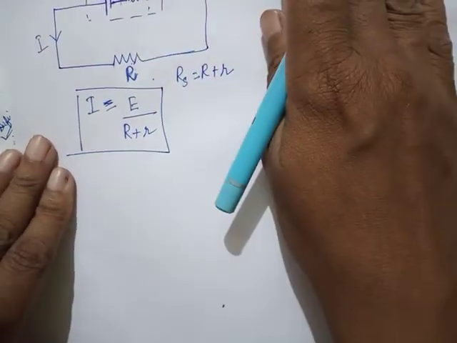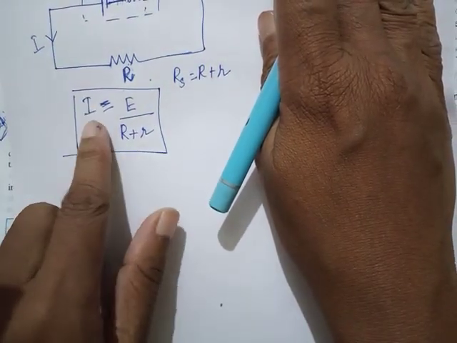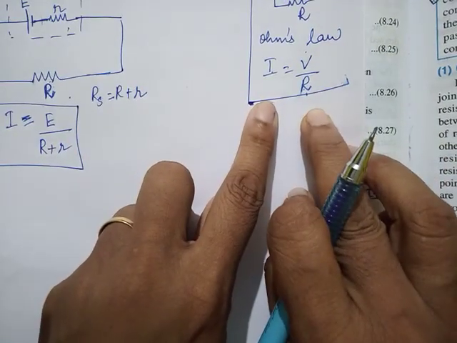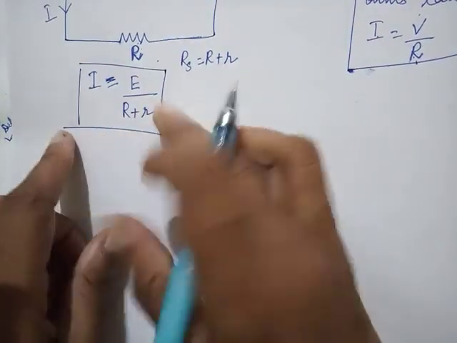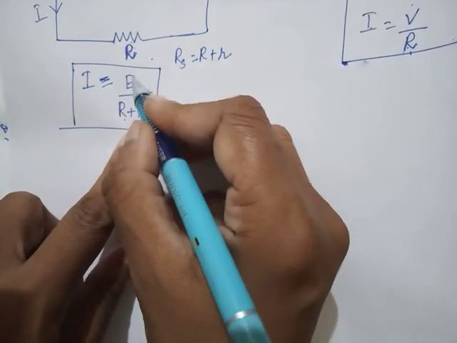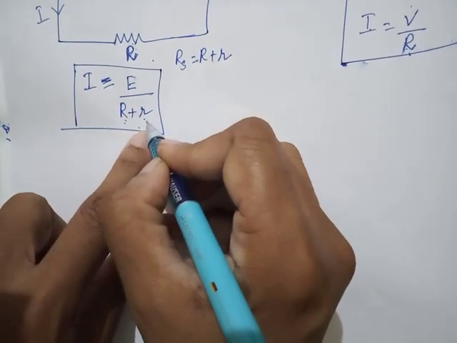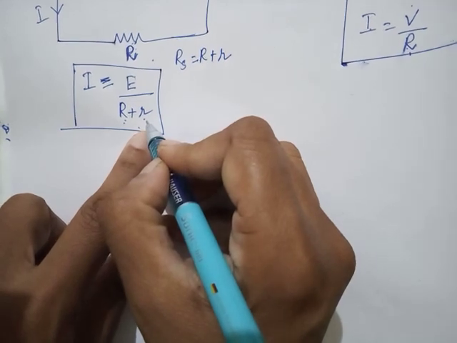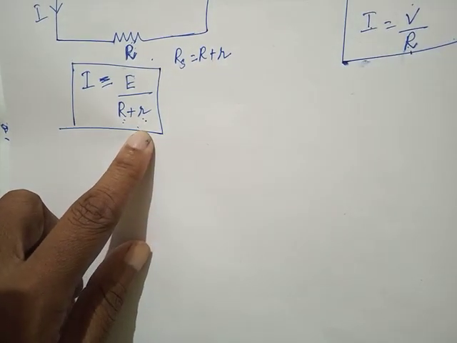So when I consider internal resistance, the current formula will not be just V by R. That is when no internal resistance is there. When internal resistance is there, the current formula becomes E upon capital R plus small r. This is EMF, this is external resistance, and this is the internal resistance. I hope you're clear with this, children.